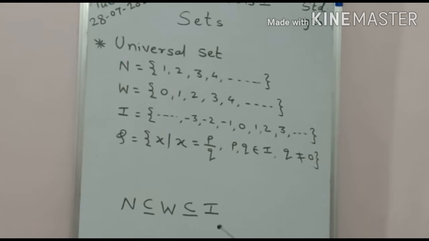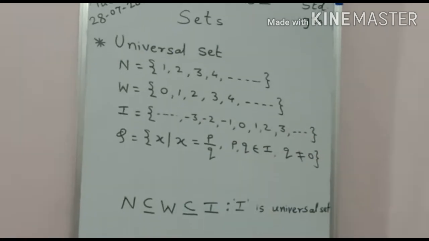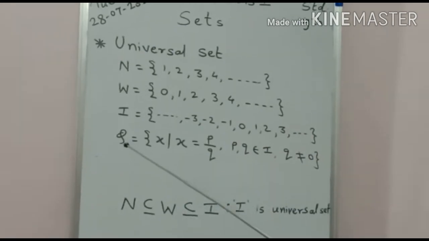As we compare the first three sets, the set of integers I has all the elements of N and all the elements of W, and therefore for N, W and I the universal set is I. But as we continue with the fourth set, the rational numbers, these are the numbers represented by p upon q, and each natural number, whole number and integer we can represent in p upon q form, because 3 is also written as 3 upon 1, or 6 upon 2 is also 3.